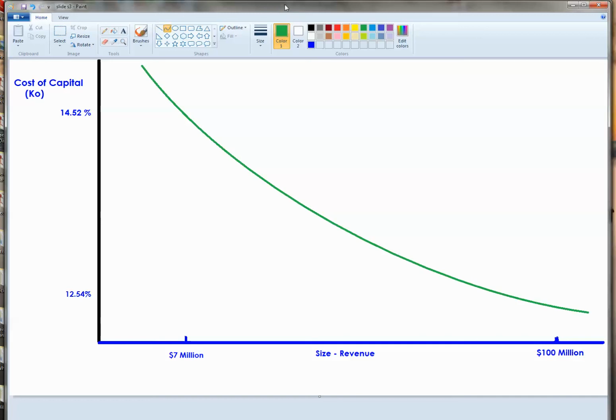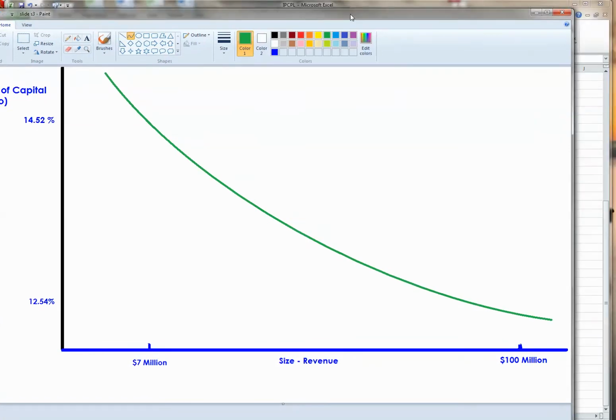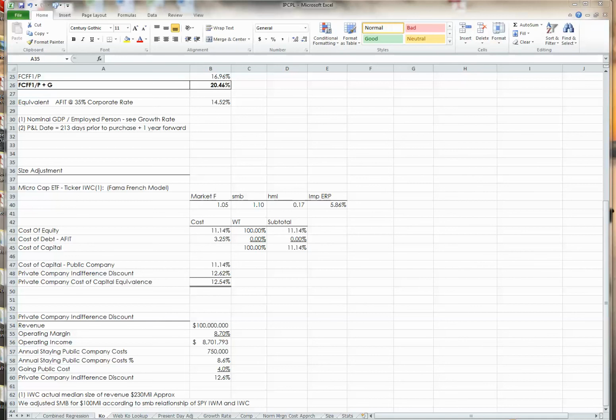So the total risk, the total beta, is increasing exponentially with decreases in size, and obviously vice versa with increases. Also, the cost of going public, liquidity, and so forth, is going to rise exponentially, and that's where we use that relationship to get to our curved line.